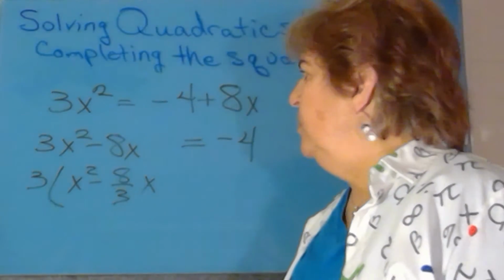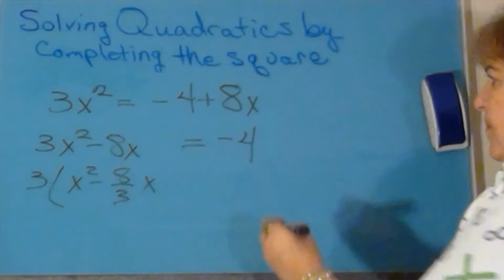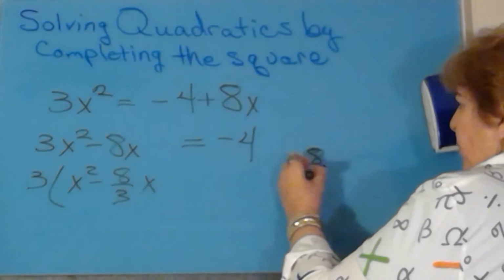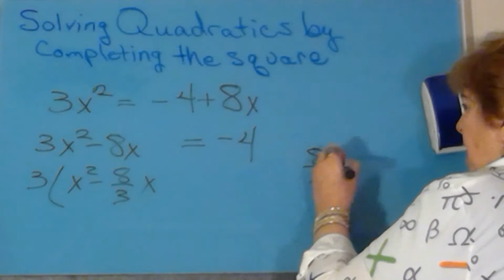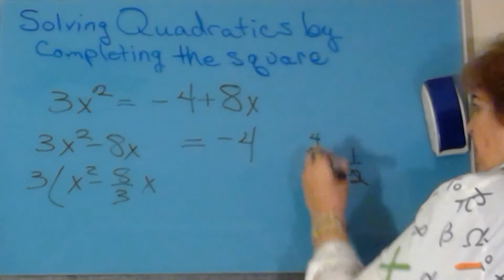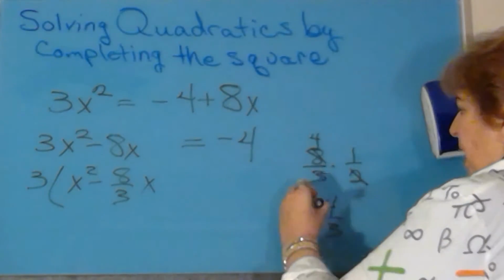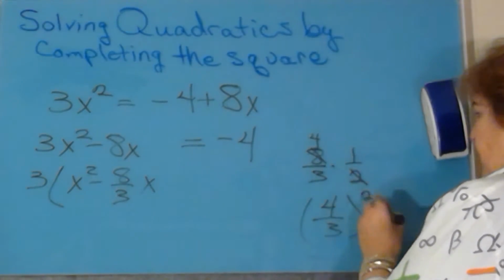Now, don't look at that too difficult. Let me do it over here. 8/3 times 1/2. 2 goes into 8 4 times. That's 4/3. And then I have to square that.